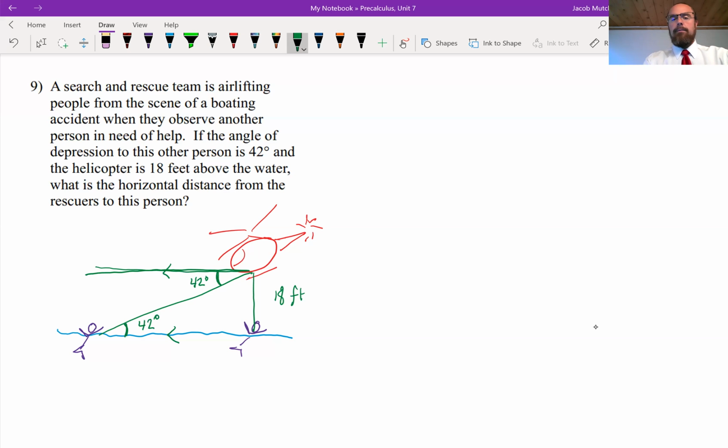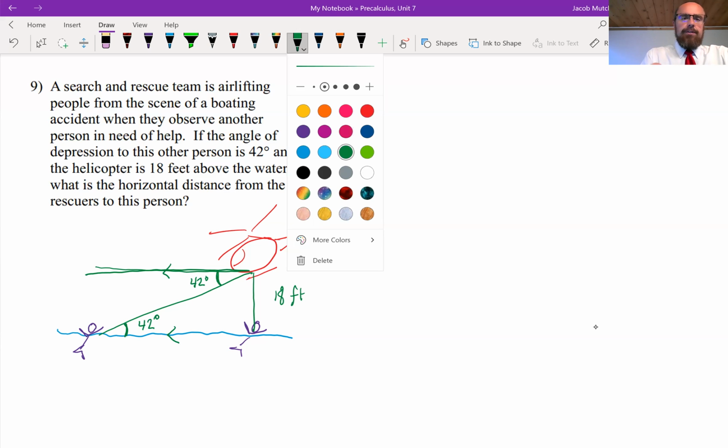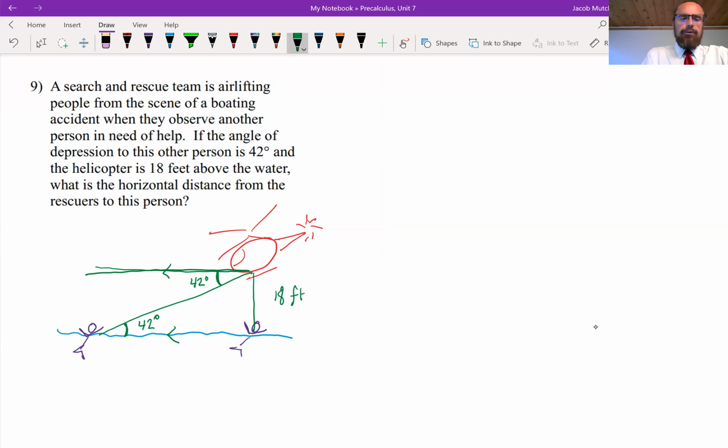Again, because they're parallel lines cut by a transversal, these are alternate interior angles, and we know those are congruent. What I'm trying to solve for is the horizontal distance from the rescuers to the second person, so it's really the distance between the two people being rescued. I'm going to call that X.